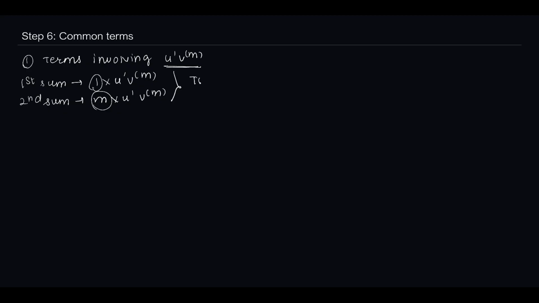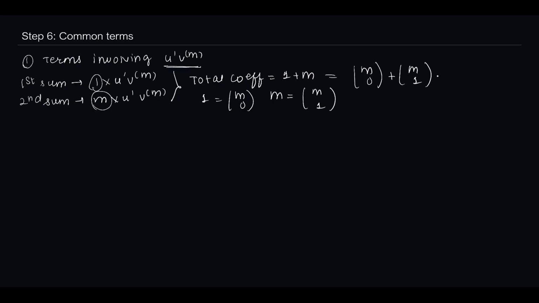So from this we can say the total coefficient can be written as 1 plus m. If you write this in binomial form, 1 can be written as m choose 0 and m can be written as m choose 1. This 1 plus m can be written as m choose 0 plus m choose 1. This is the result that we obtained from terms involving u prime v^m.